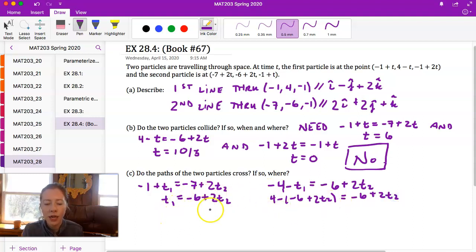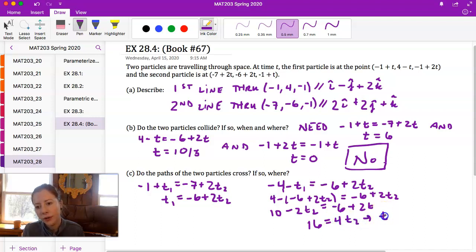So I'm just subbing in for t1 here so we can solve for t2. Okay, two unknowns, two equations. So this is going to be 10 minus 2t2 is equal to -6 plus 2t2. So 16 is equal to 4t2. So that tells us t2 is 4.